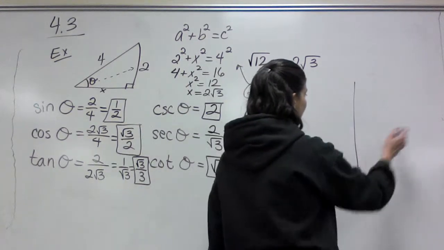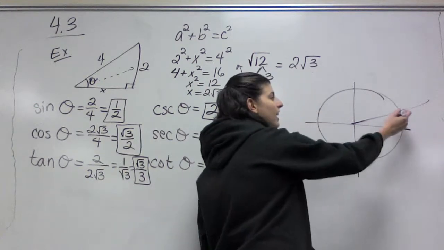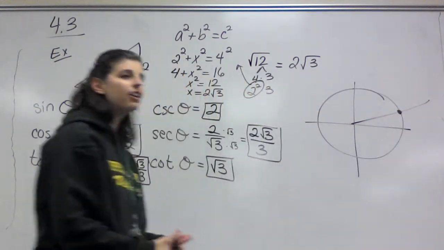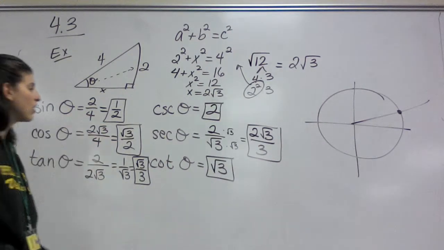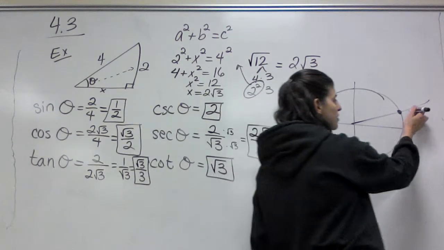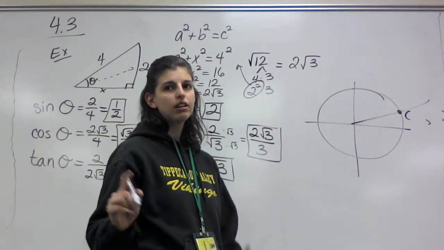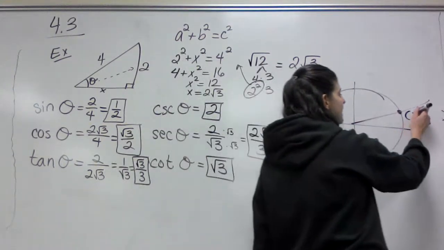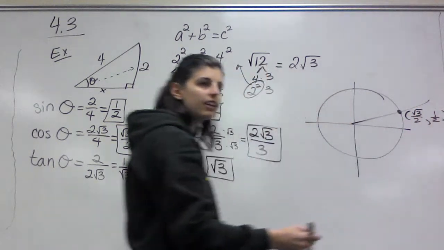Pi over 6 is right here. The sine value and the cosine value. Let's see, my sine value is a half, my cosine value is square root of 3 over 2. My ordered pair goes in what order? Square root of 3 over 2, 1/2. Okay, and is that correct for what information I have over here? Yes.